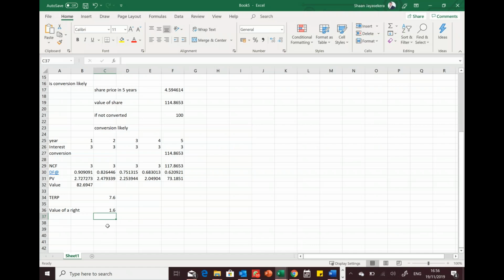So if it's per existing share, this answer divided by 4, giving me now 0.4, right? So it's a little tricky thing there. The change needs to be done. Yeah. Okay, so it's answer B actually.